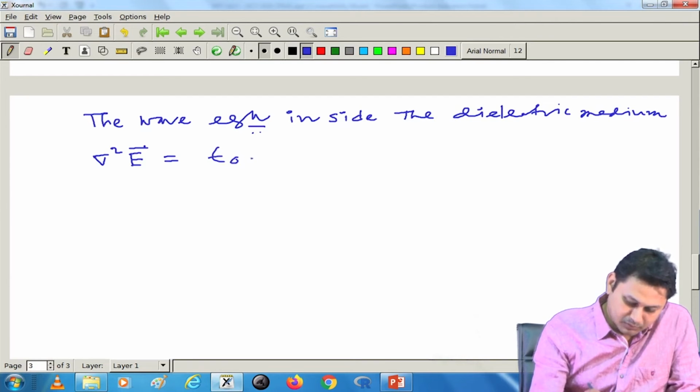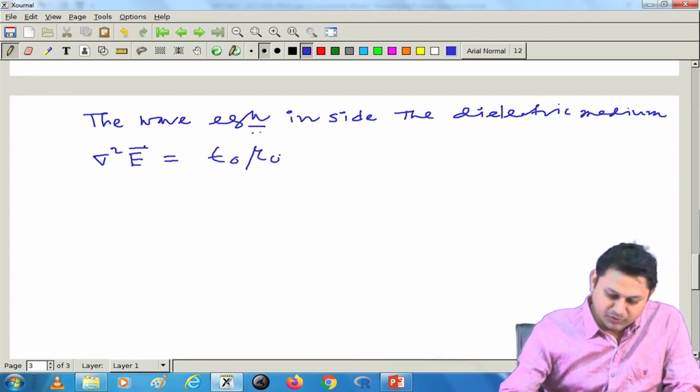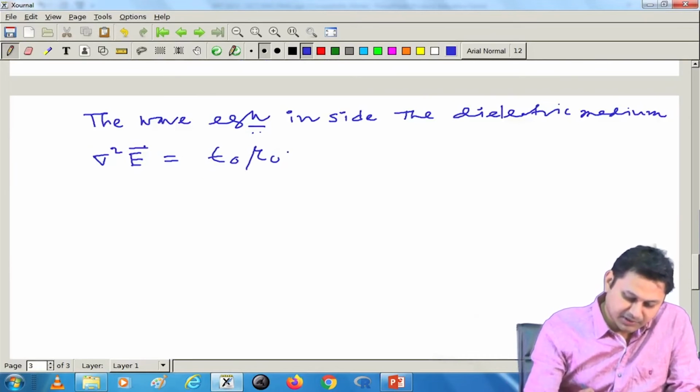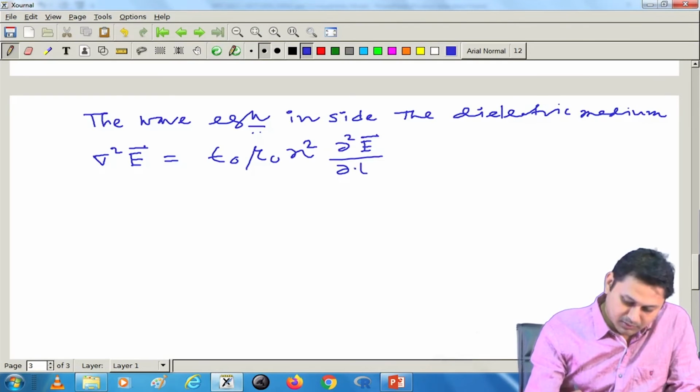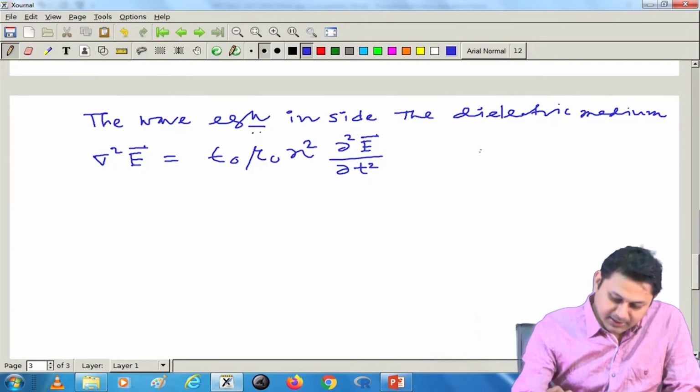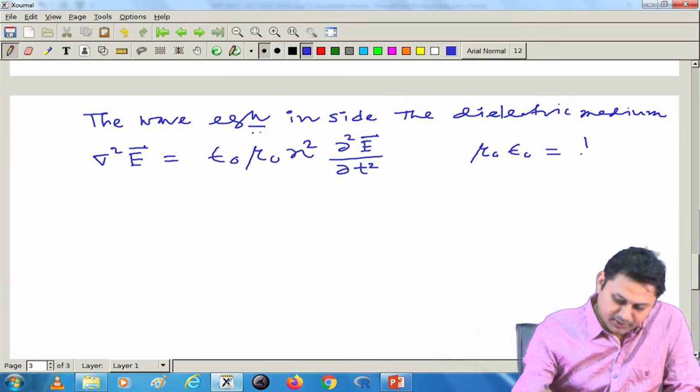epsilon 0 mu 0, because mu 0 is already there and I replace the epsilon 0 as epsilon 0 multiplied by n square, d2 E, the vector sign, dt square. And again mu 0 epsilon 0 is equal to 1 divided by c square.